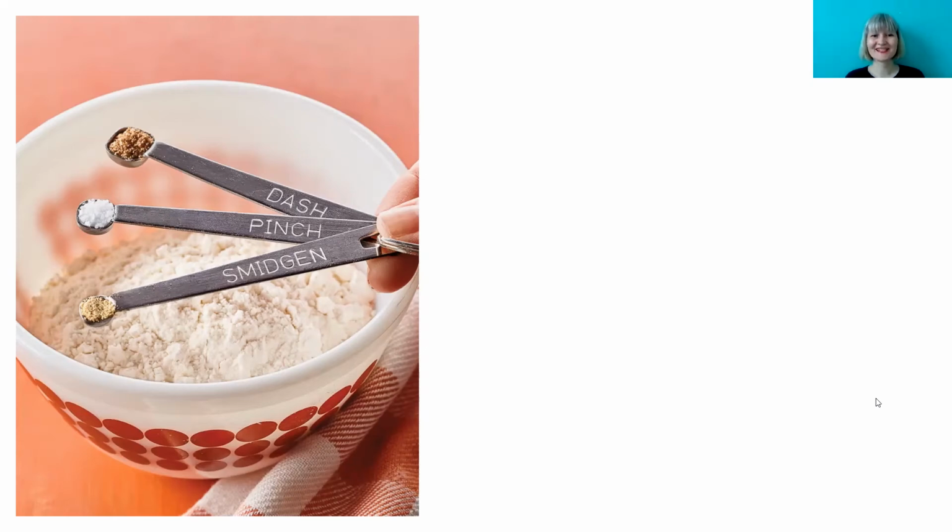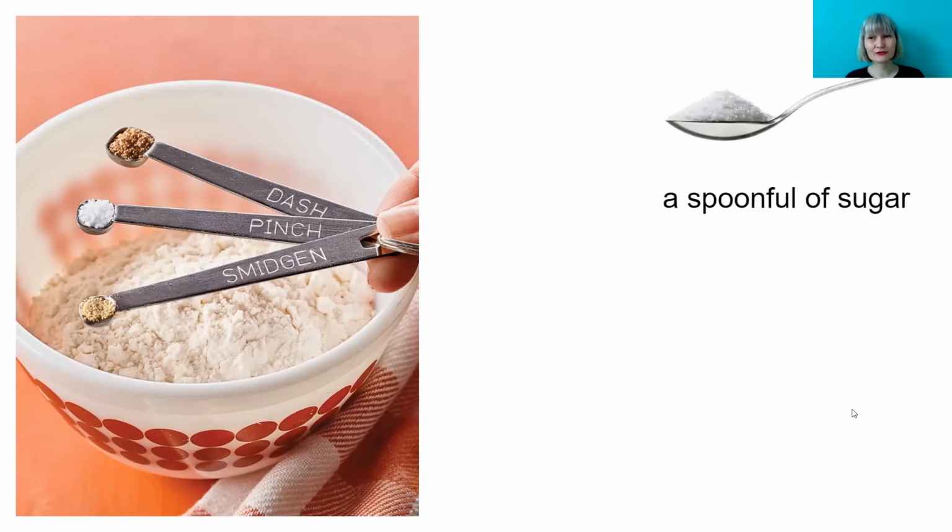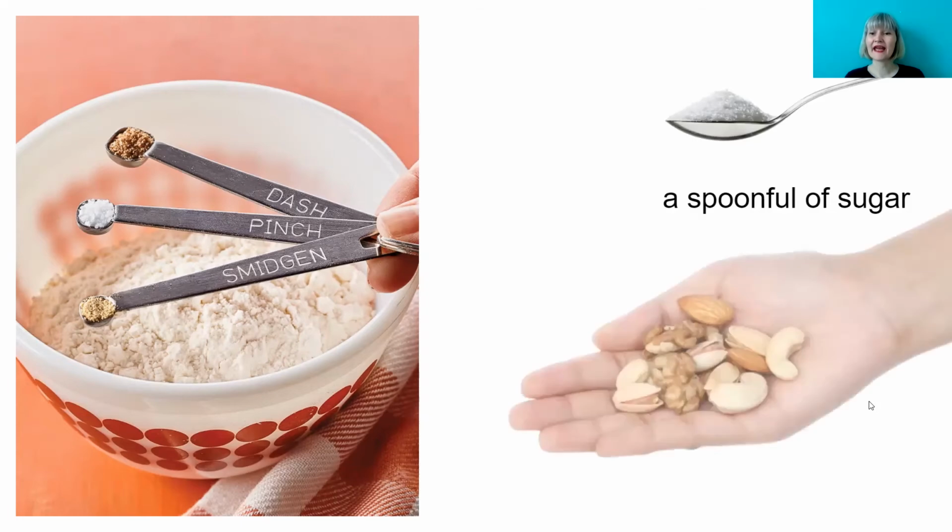So these are dash, pinch, and smidgen. Also, we could measure again in spoons, and you guys can see a spoonful of sugar, полная ложка, да, полная ложка с горкой, a spoonful of sugar, a handful of nuts, то есть такая в ладошку набираем, a handful, это тоже у нас есть такой размер, да, сколько поместилось в ладошку, a handful of nuts.